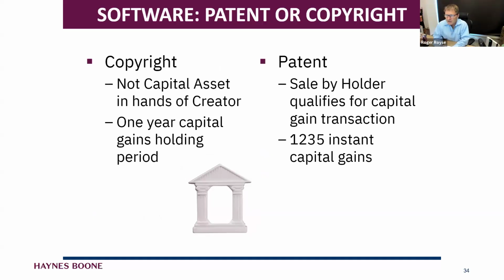Because as you can see, copyrights don't seem to be very favored. I create a copyright and sell it, I get ordinary income. I create a patent and sell it, I get capital gains. So there's lots of good reasons to protect under patent law as opposed to copyright law. And that's how I most commonly see it done these days, if at all, if there's a federal registration at all.